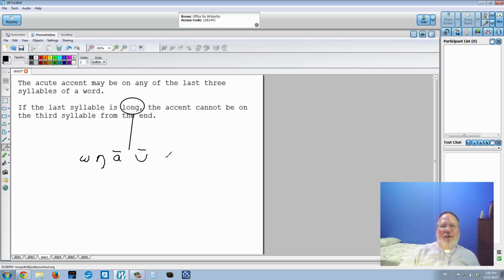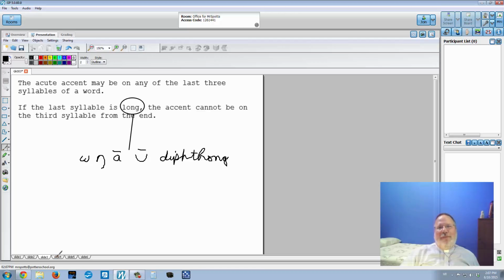Or it could have a diphthong. And I will try to write diphthong here. So it could have a long vowel, or it could have a diphthong, and that would make it a long syllable. If the last syllable is long, the accent can't be on the 3rd syllable from the end. It can only be on one of the last 2.